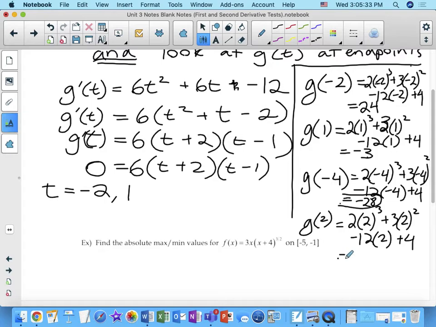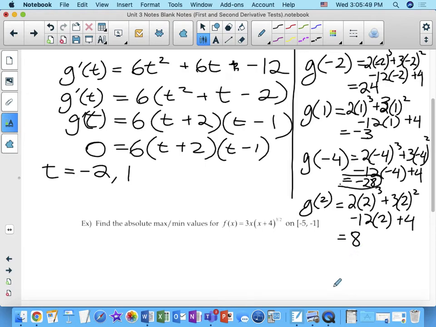This one I got 8, but I need confirmation. Is it negative 28? Sweet. Okay, whew. I still have some on my game. And the rest of them are good? Oh, wow. All right, sweet.